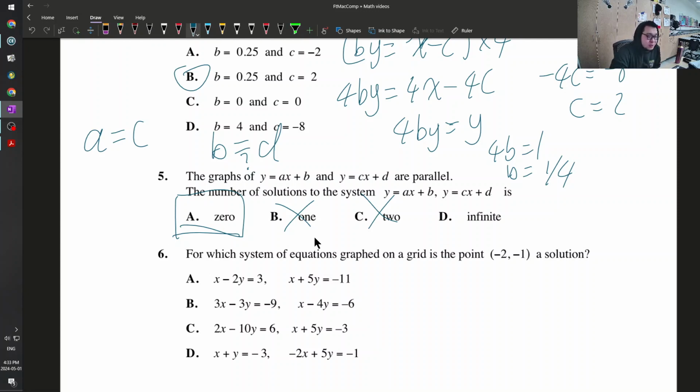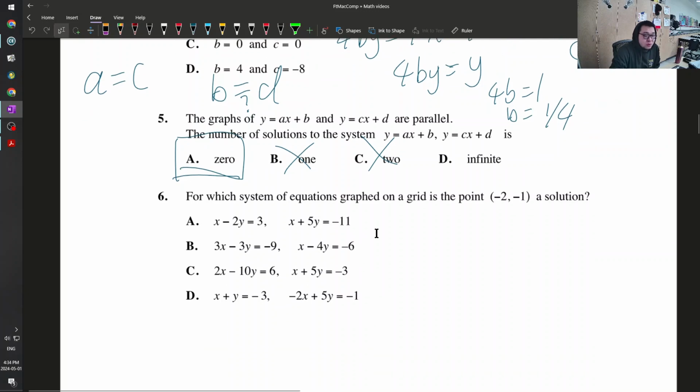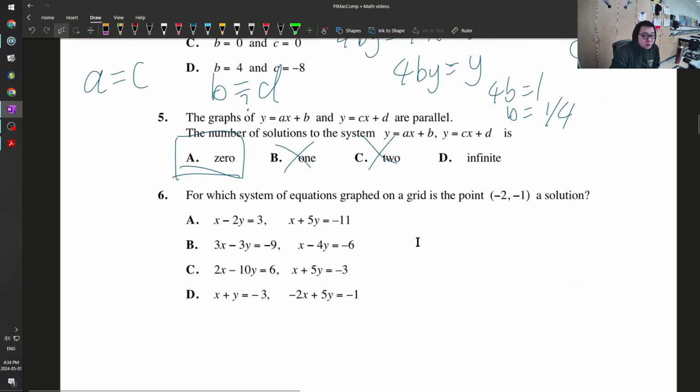6. For which system of equations graphed on the grid is (2, -1) a solution? For these types of questions, it is just easier to plug in (2, -1) into all of these equations and find out what is a solution. I'll do this on a calculator because I think it's quicker.